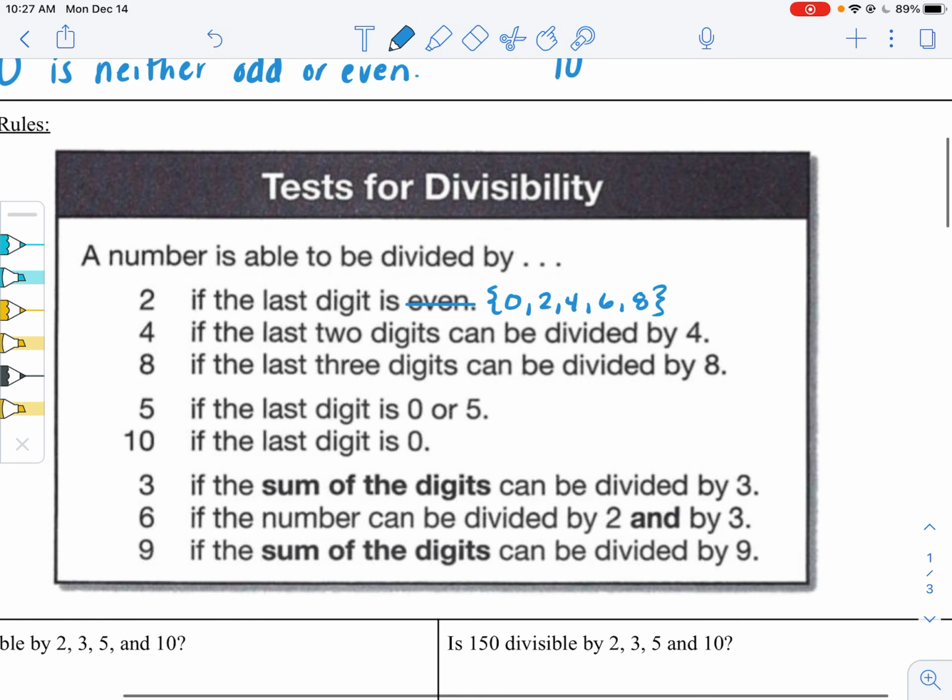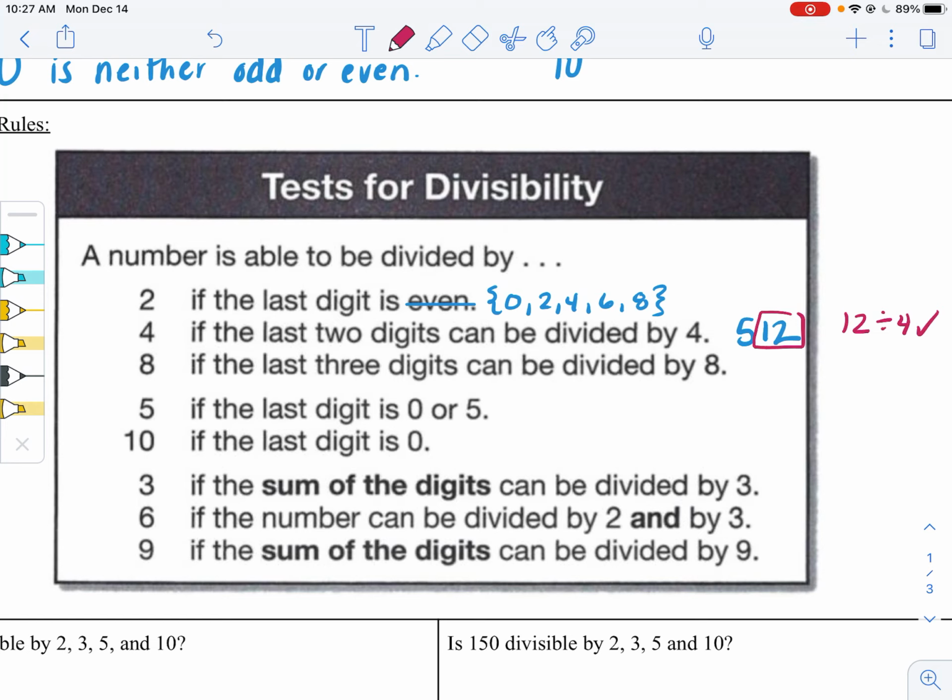So the number 512 is divisible by 4 because if you look at the last 2 digits, 12 can be divided by 4. Similar idea with 8: if the last 3 digits can be divided by 8. You only look at the last 3 if you have a bigger number.